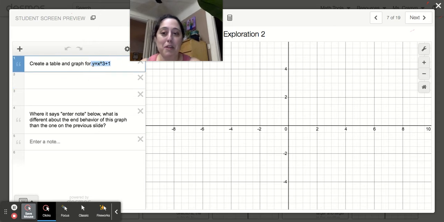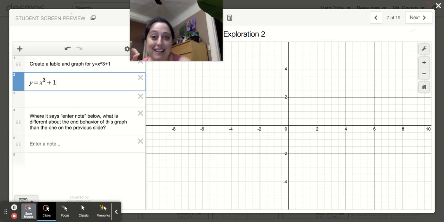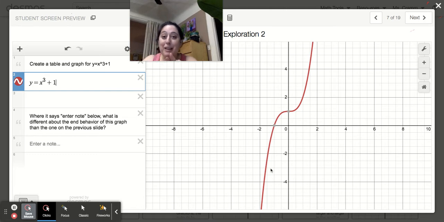You should be able to do that based on what we did in the last slide, but hopefully you have that end behavior in your head. Did it look like this? Right? So hopefully you could kind of tell that it would start down, end up, right? Or if not that it just has different directions. Okay? So this odd exponent should tell you, hey, it starts and ends in different directions. Okay?